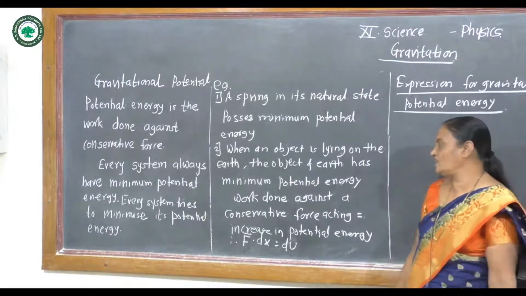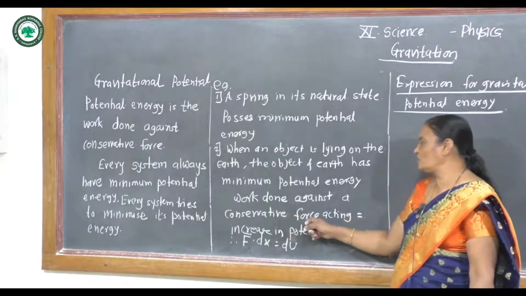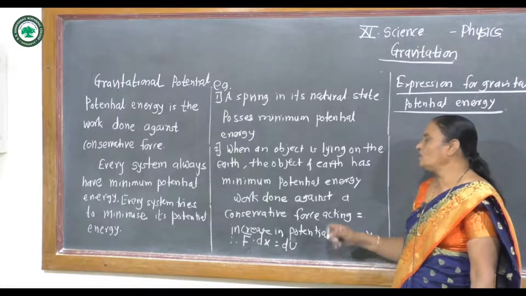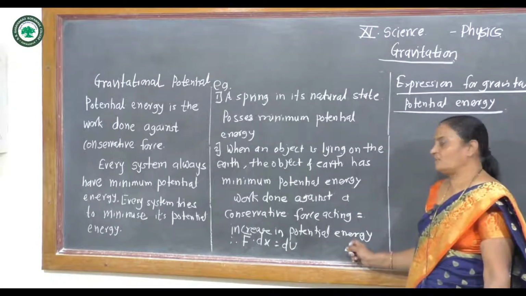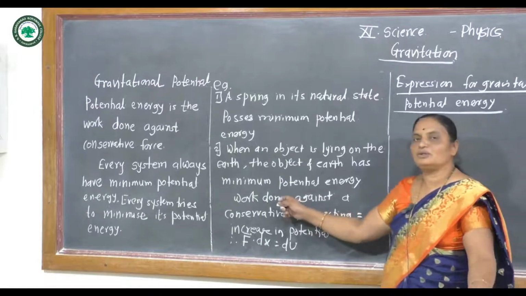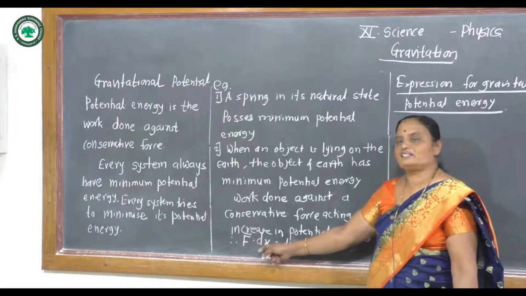Now the potential energy is the work done against the conservative force acting on a body, and it is equal to the increase in potential energy. The work done is equal to the force multiplied by displacement.